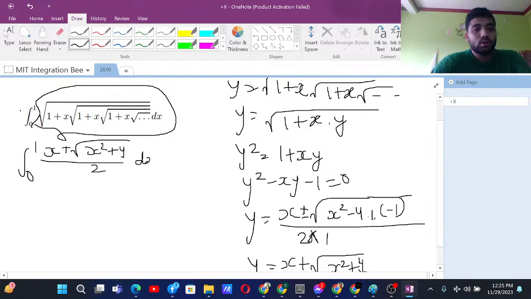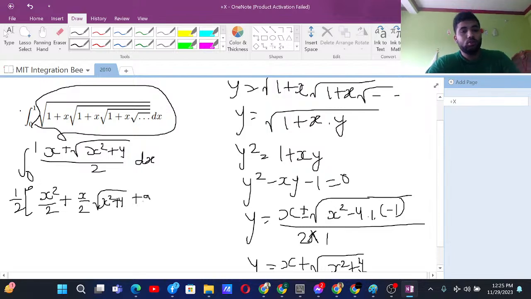Now if we integrate this, we will have x²/2 plus, for this one, we will have (x/2)√(x² + 4) plus a². A is 2 over here, so a²/2 ln(x + √(x² + 4)).